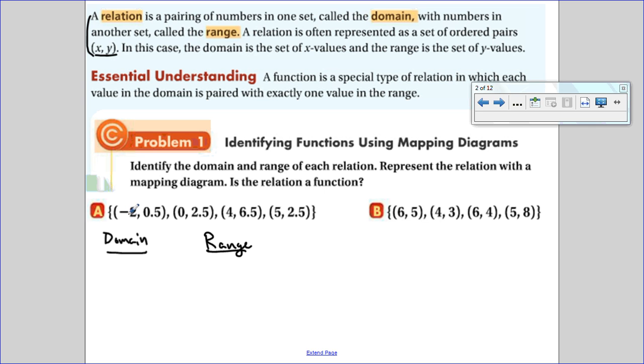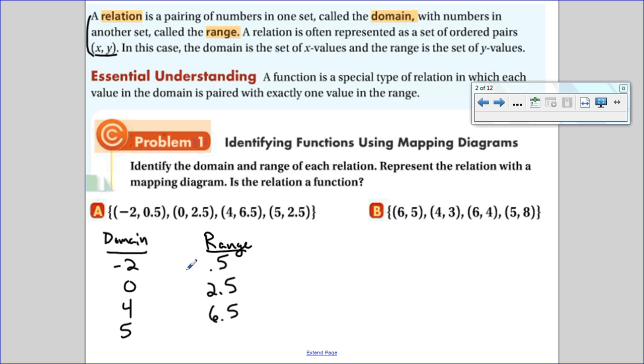So the first numbers are your domain, your independent variables: -2, 0, 4, and 5. And then your range: 0.5, 2.5, 6.5.